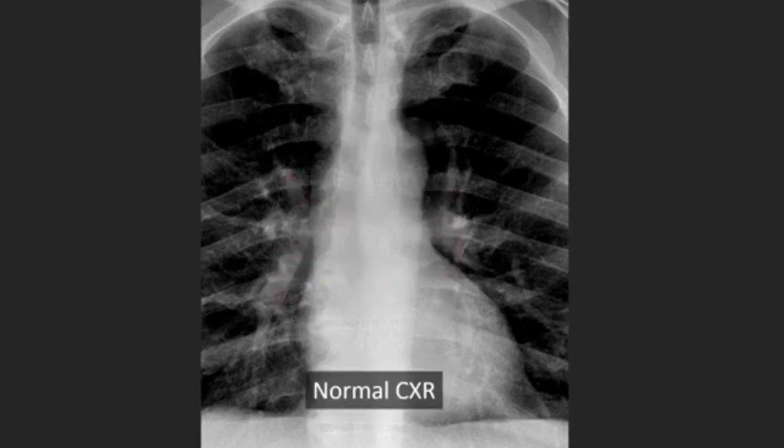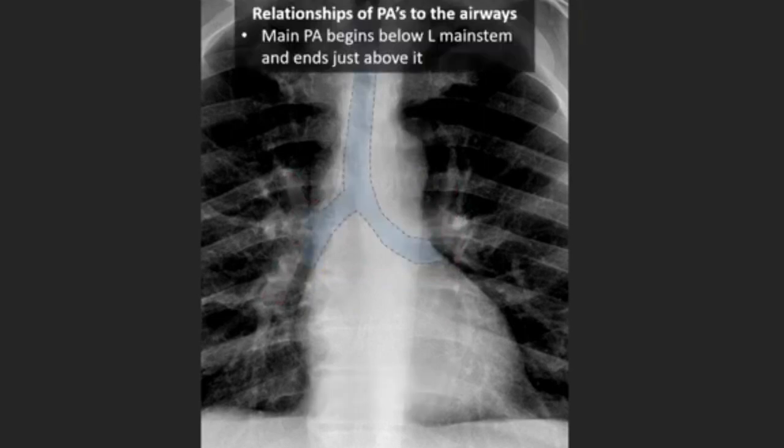So again, your normal chest x-ray, and there are your airways that we will use as a marker to determine where your main pulmonary artery is. It's highlighted there just below your left main bronchus and on the upper side of your left main bronchus.